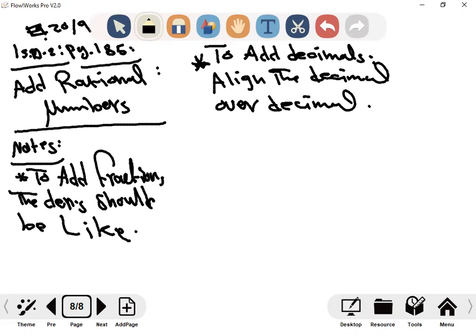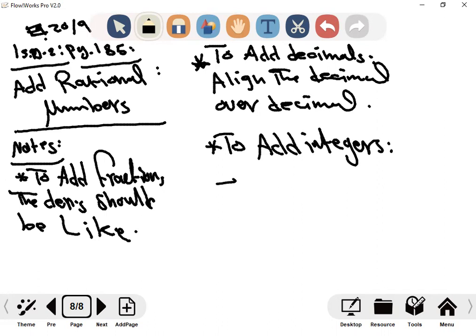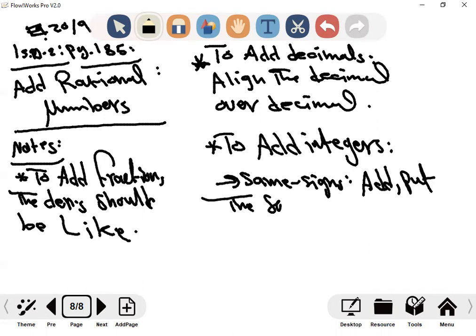To add integers, with same signs, add and put the same sign.